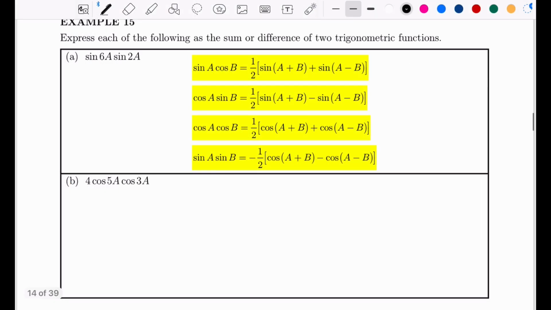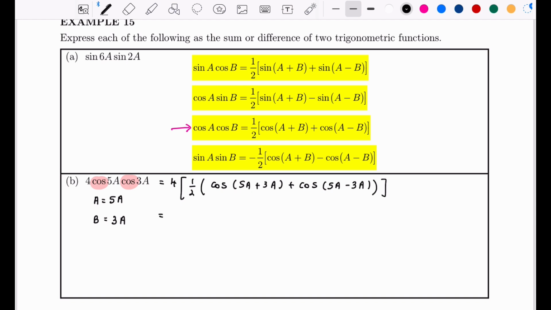For example 15b, our A is 5A and our B is 3A. Since we have product of cos and cos, we're going to use the third formula. So according to the formula, cos times cos equals 1 over 2 [cos (A plus B), so cos (5A plus 3A), plus cos (A minus B), cos (5A minus 3A)].